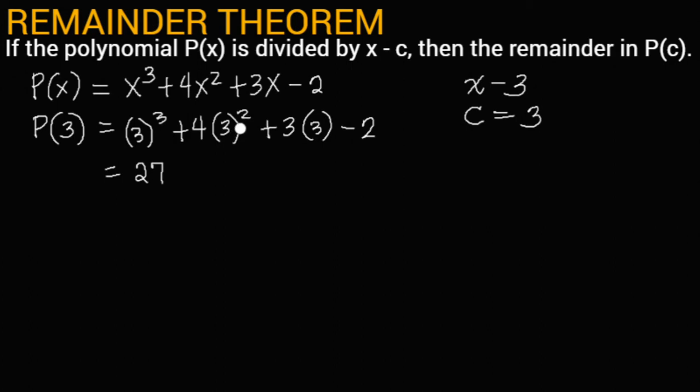Then 3 raised to 2 is 9. Use the PEMDAS rule. So, ito muna dapat ang ito-solve. 3 raised to 2 is 3 times 3 or 9 times 4, that is equal to 36. Plus 3 times 3 is 9 minus 2. Then add 27 plus 36 plus 9 and then minus 2. So, that is equal to 70. Okay? So, P of 3 is equal to 70. Therefore, our remainder is 70.